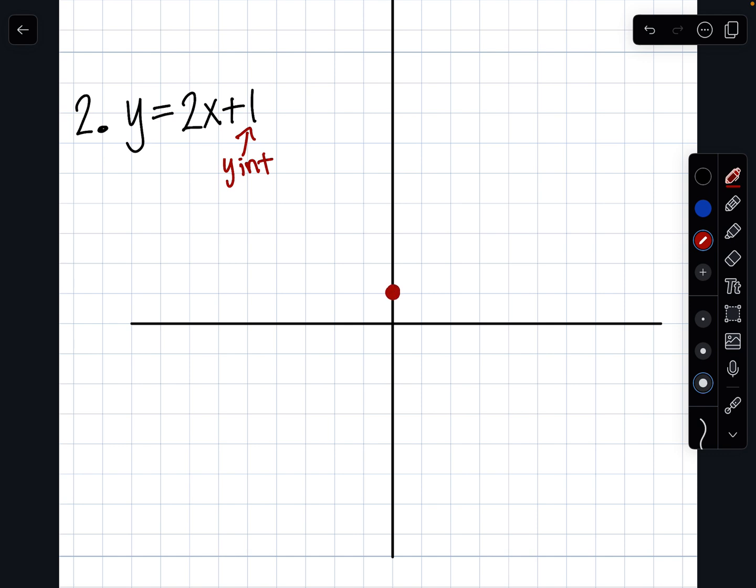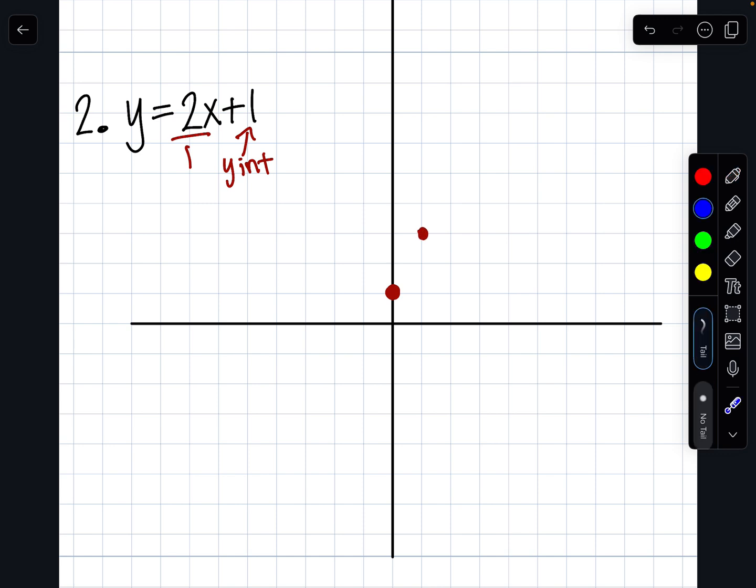Now, for slope, we always need a fraction. Is my slope right now written as a fraction? No. What's my slope right now? 2. How can I write 2 as a fraction? 2 over 1. So who can tell me how I can find my next point from here? Right. 2 over 1. So up 2 or down 2? Up 2, and then which direction? Right 1. Put a point.